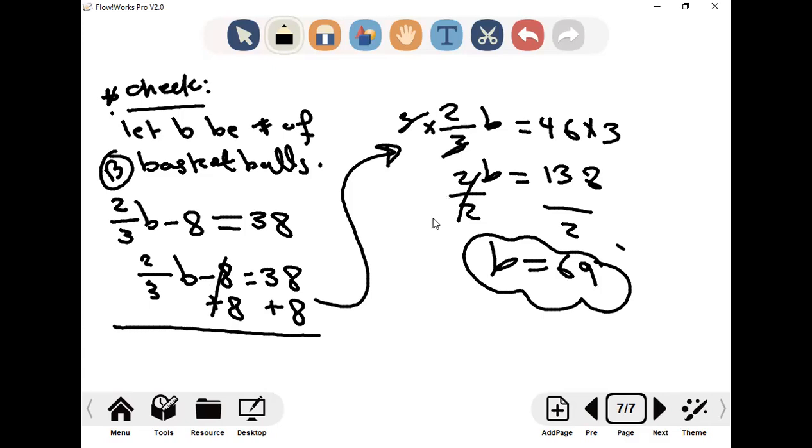This is part B. 69, who has a calculator? 69 divided by 3, how much? 23 times 2 is 46, minus 8 is 38. Yes. Right.